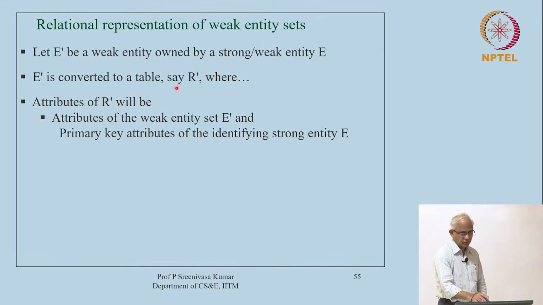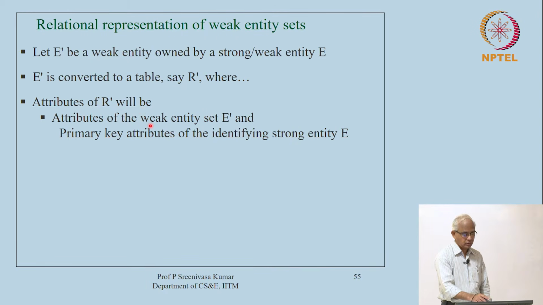These attributes of R prime, the table, will be the attributes of the weak entity set E prime, and in addition the primary key attributes of the identifying strong entity, or the owner entity. There is an owner, right, because E prime is a weak entity. So, pick up the primary key attributes of the owner and include them as attributes of R prime.